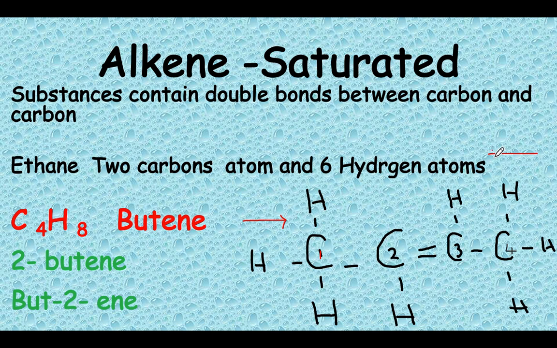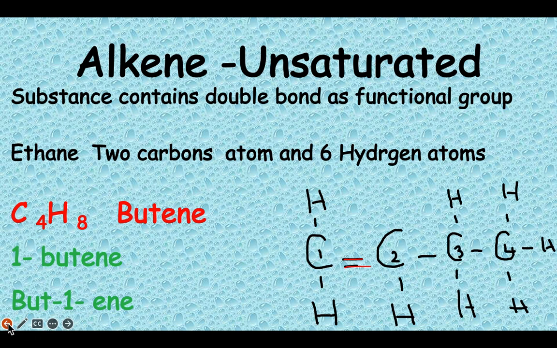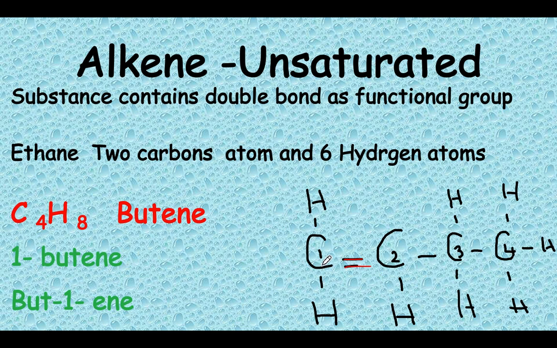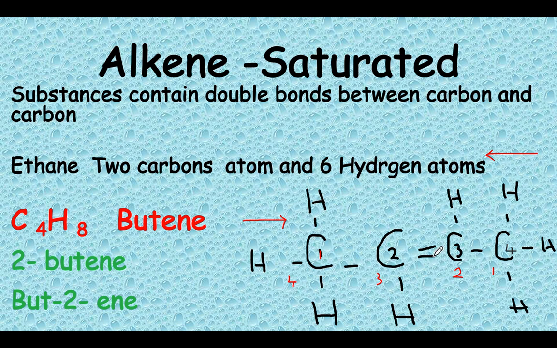So if we choose to count from this way, we're going to consider that this carbon 1, 2, 3, and 4. Also the double bond will be between 2 and 3. So also the same, this compound is called 2-butene, and it is different between 1-butene and 2-butene. So 1-butene, the double bond between the first carbon atom and the second. 2-butene between the second carbon atom and the third carbon atom.